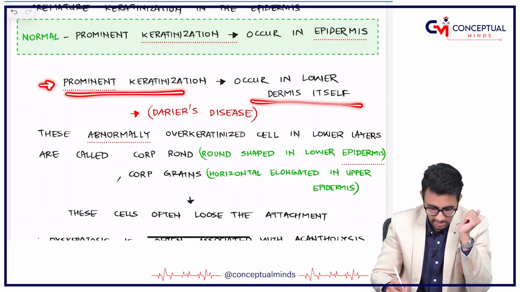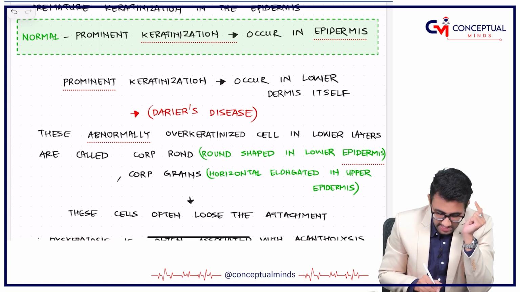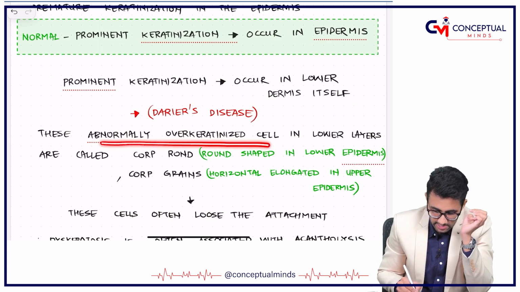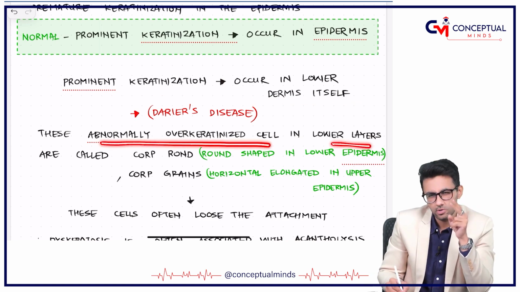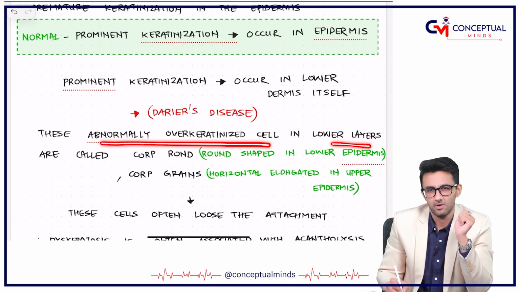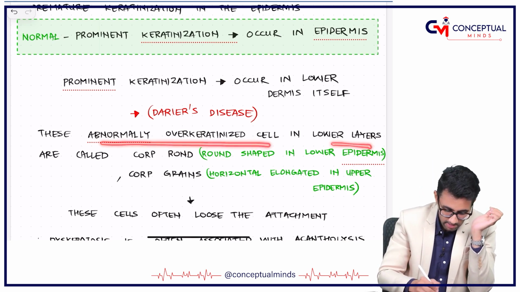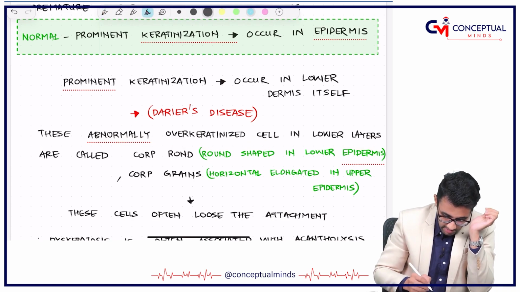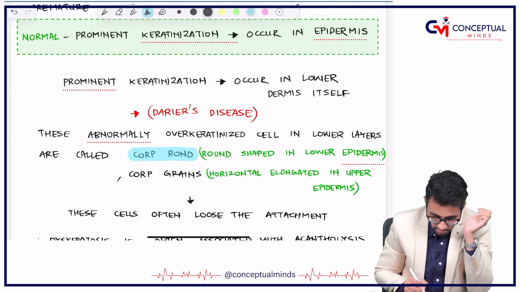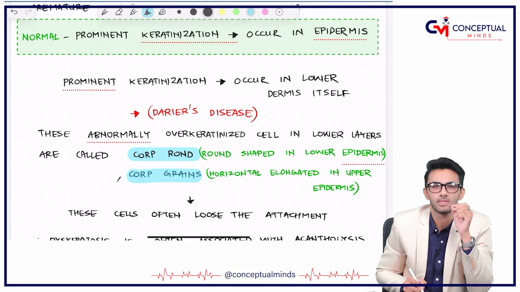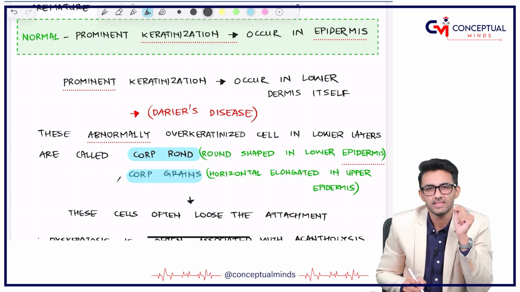These abnormal overkeratinized cells have two types of findings, and we have to remember these two names. I'll just mark them out: corps ronds and corps grains. We'll see the histological image as well.